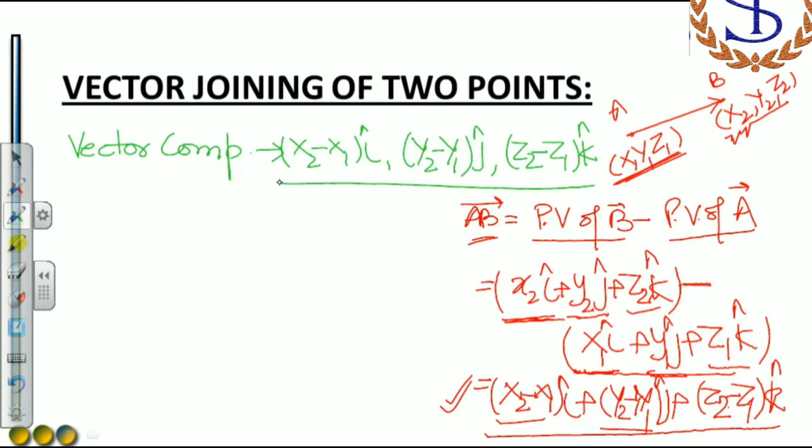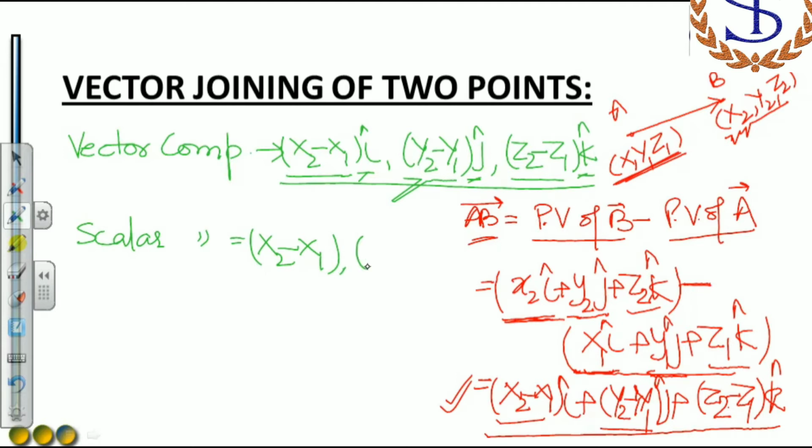Why are these vector components? Because here the magnitude and the direction are given. But to find the scalar components, just remove this i, j and k. It means x2 minus x1 is one of the scalar components.